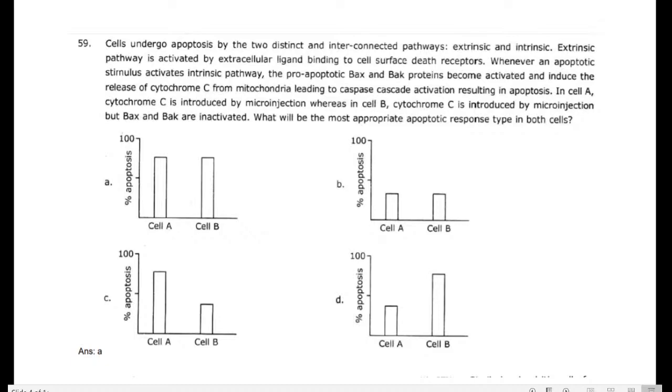This statement is a confusion statement, so just ignore it. As per their statement, cytochrome C is injected, after the injection our caspase cascade becomes activated, and this activation leads to apoptosis. So the percentage of apoptosis is higher in cell A and cell B, and it is in a similar stage. So the answer is A.